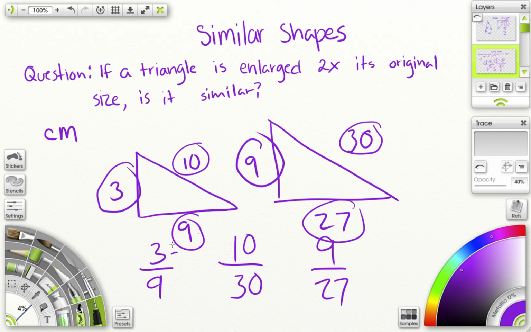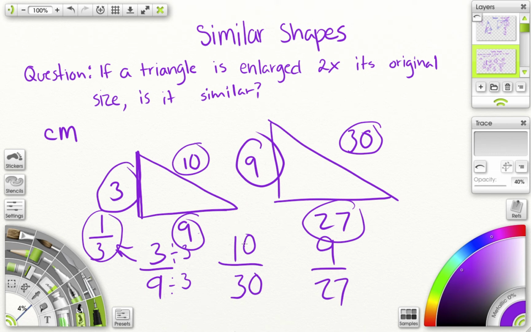I can divide both numbers by 3. So I can make this fraction, I'm just going to draw it over here because I'm running out of room. 3 divided by 3 is 1. 9 divided by 3 is 3. So 3 is 1/3 of the size of 9. So that means if these were drawn properly, this length right here is 1/3 of the length of 9.